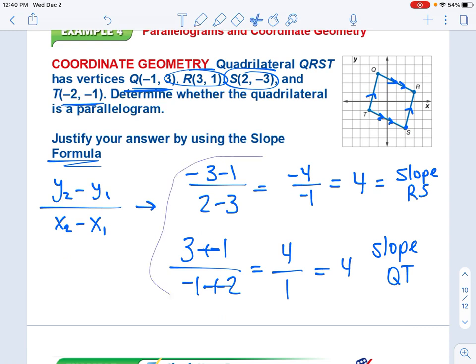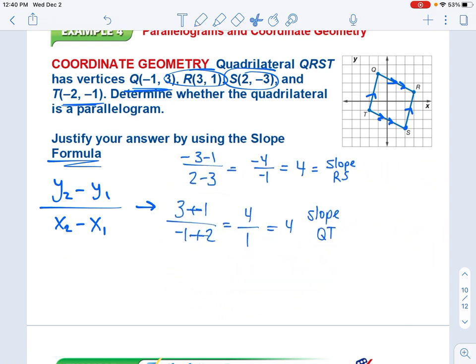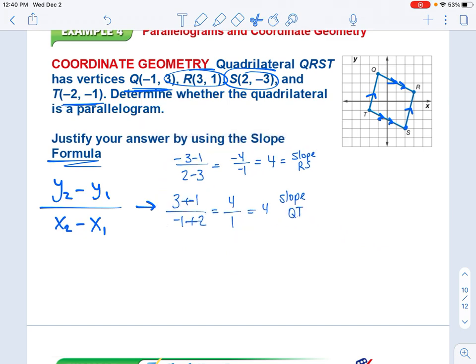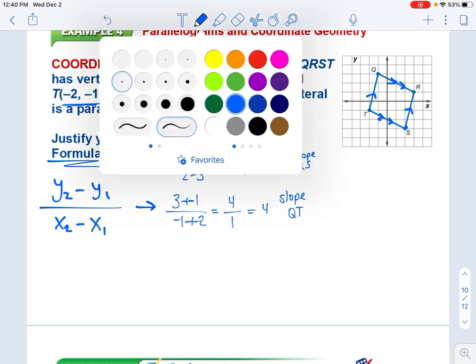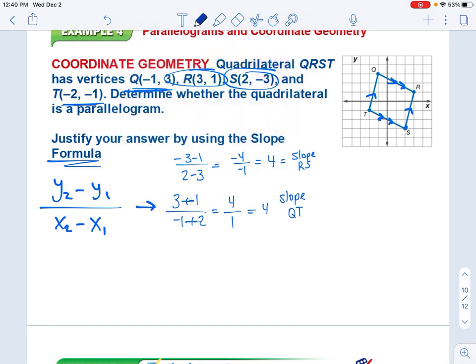Let's check the slope of QR and ST. They have to also match up, or else this is a no-go. So we have QR and we have ST that we need to check this time. So we have 1 minus 3 over 3 minus negative 1.